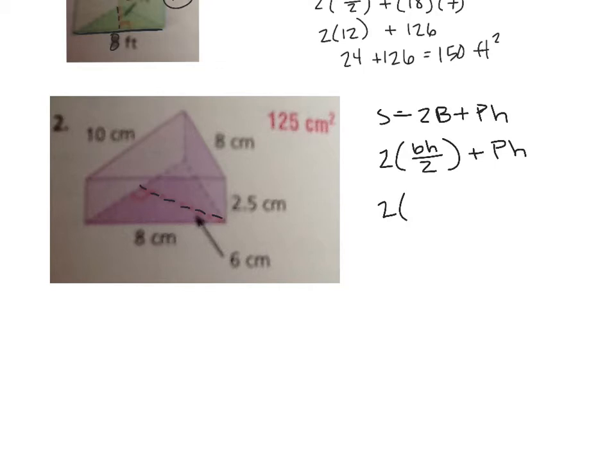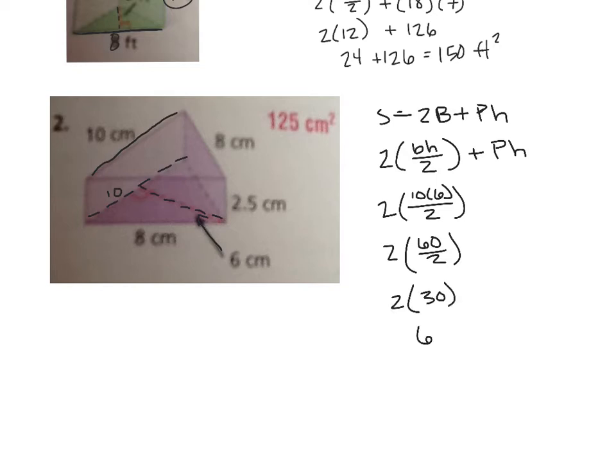And then this is the base, right? And if this is 10, this must also be 10. So the base is 10, the height is 6, because we have this arrow pointing to it, over 2. And then we're going to go ahead and just solve that. 10 times 6 is 60 over 2. And then we have 2 times 30. And 2 times 30 is 60.